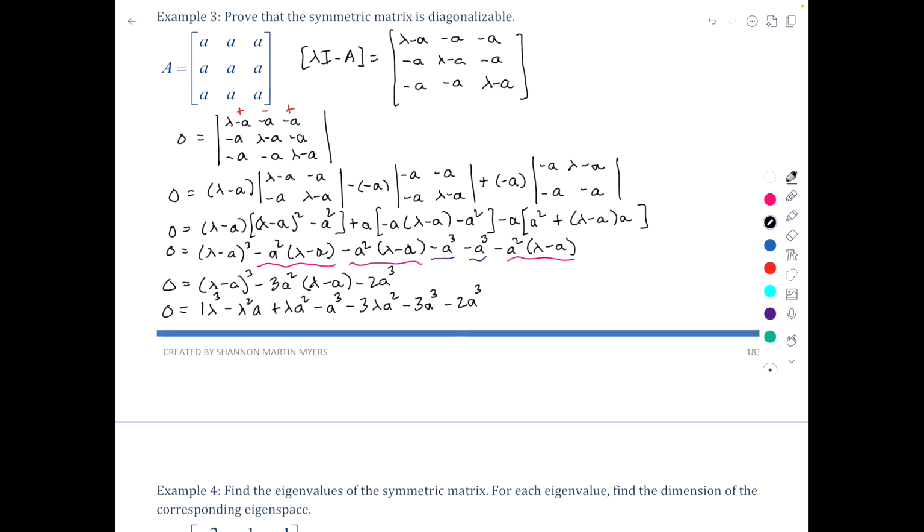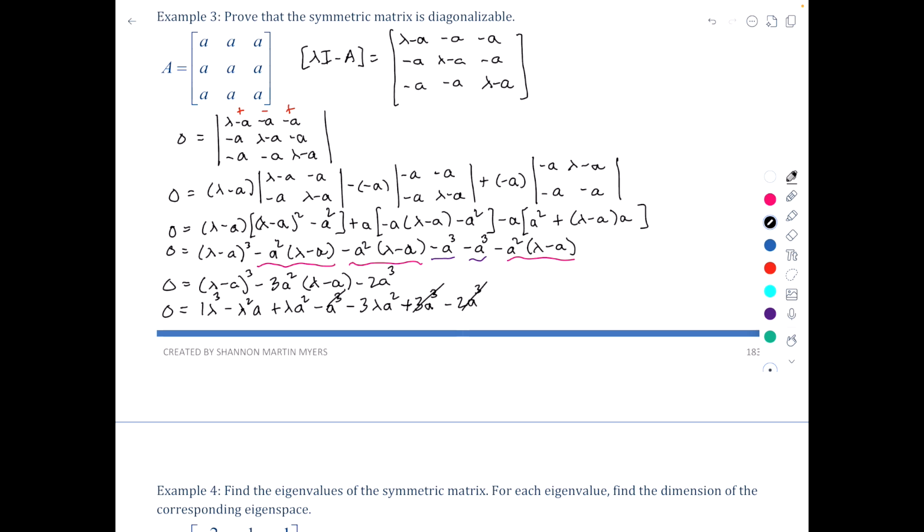And let me see, I think I need to change a sign on something. Yes, this will be plus. And then I have a negative A cubed, a negative 2A cubed, and that positive 3A cubed zero out.